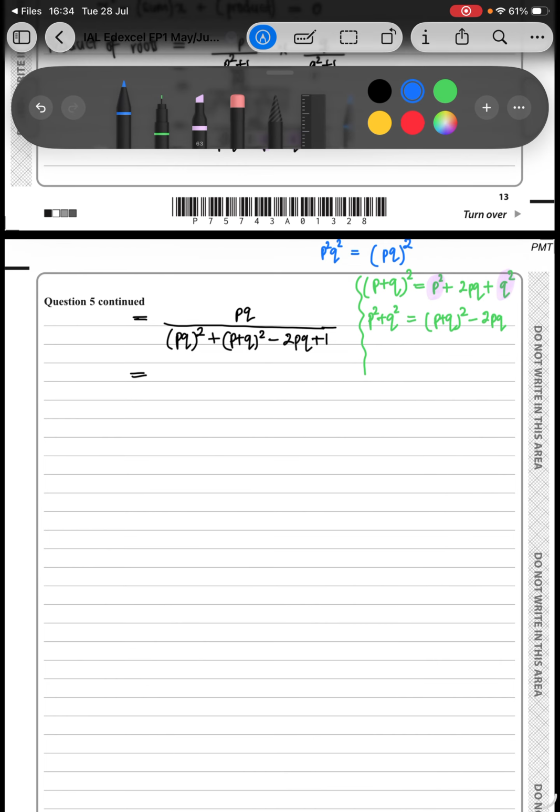I'll change the color. Right. 5 over 2 over 5 over 2 again, but squared this time, plus P plus Q was 2 squared minus 2 times PQ, which is 5 over 2, and then we have our plus 1.